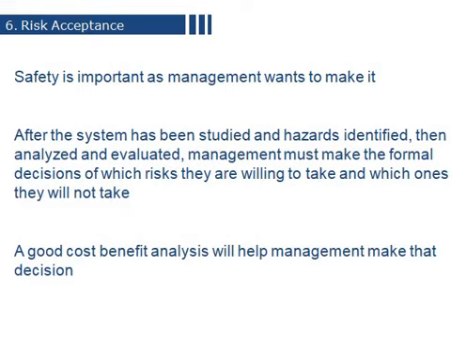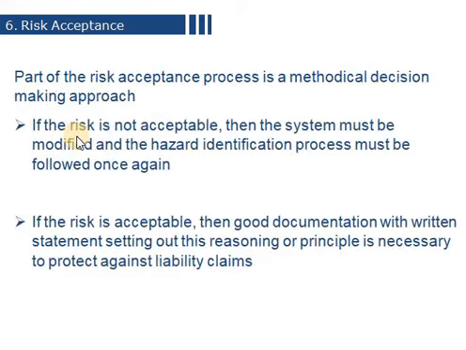And of course, cost is very crucial in this step, because if the attempt to control a certain risk is very, very expensive, then management would have to accept it as it is. If the risk is not acceptable, then the system must be modified again, and the hazard identification process must be followed once again.